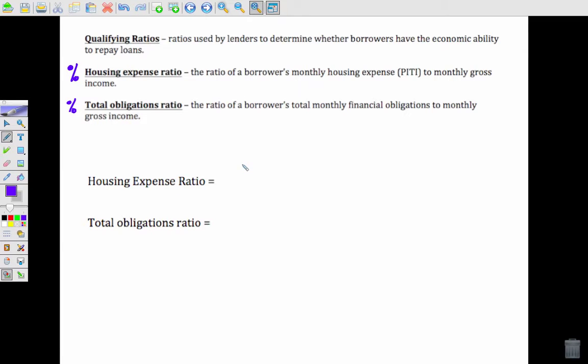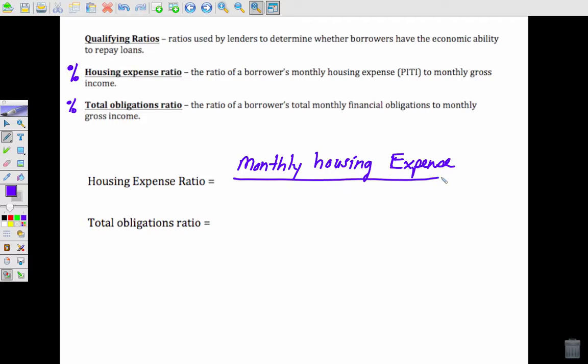The housing expense ratio is your monthly housing expense divided by the monthly gross income.